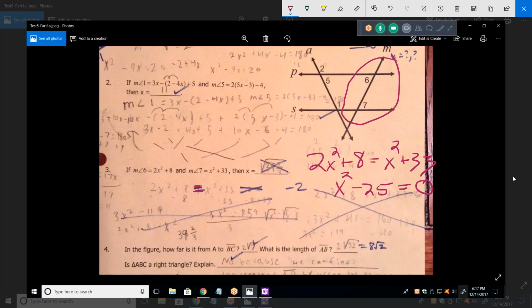There's an x squared and there's a constant. So in this case, I've got two ways to solve it. I can put the 25 on the other side and take the square root of both sides. What do you get? x equals 5. It's actually plus or minus 5.